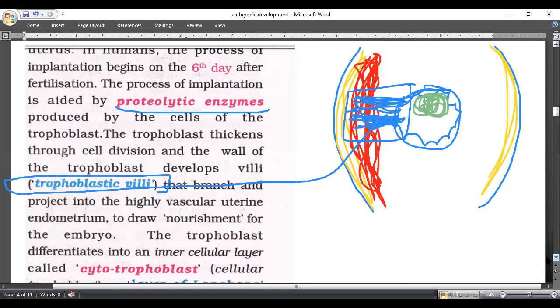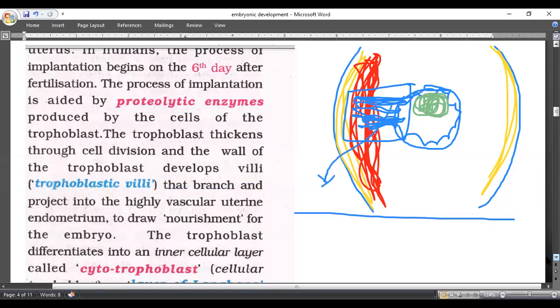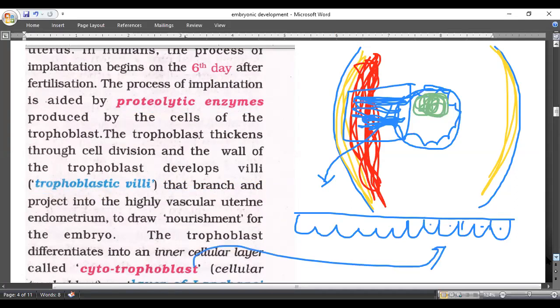The trophoblast differentiates into an inner cell layer called the cytotrophoblast. Let me show you this area in the microscope. The trophoblast layer is differentiated into the inner cytotrophoblast, where the cell membranes are present, and the outer syncytiotrophoblast, which is penetrating into the endometrium layer.